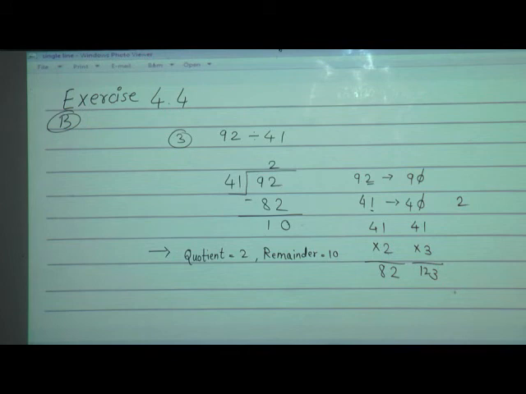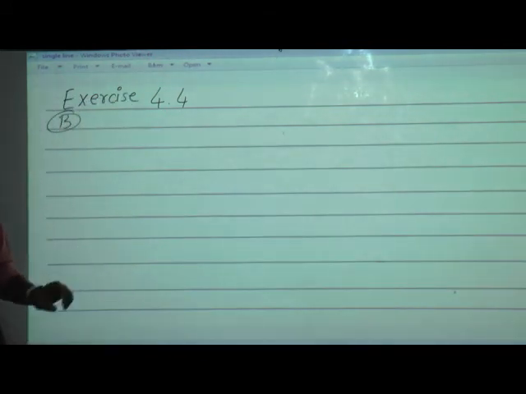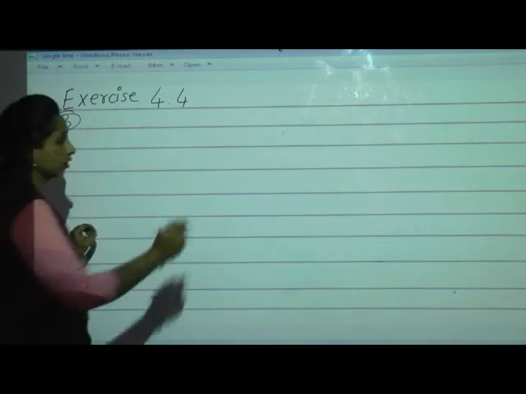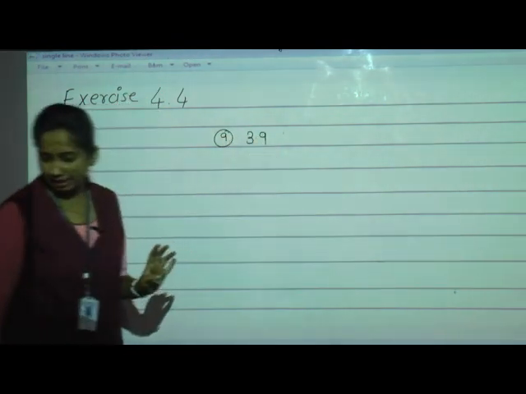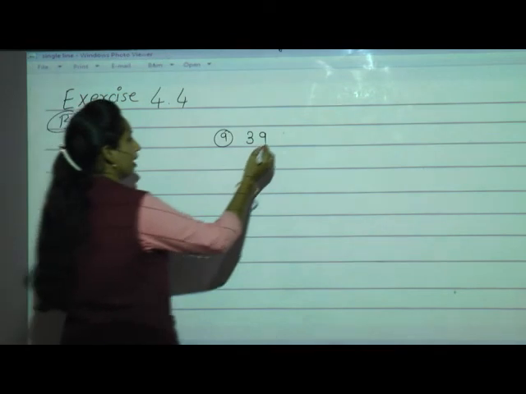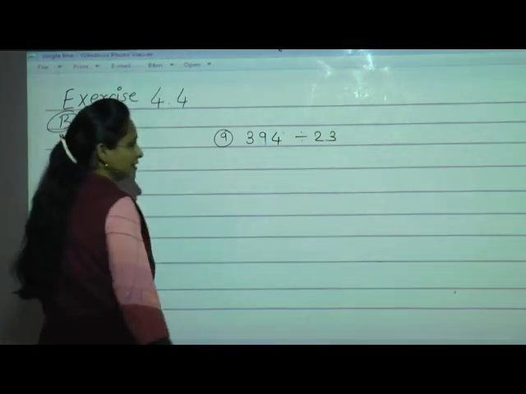Yes. Now we'll go with the next sum. Now I will take a 3 digit number, 9th number. 394 division by 23. This is the question.